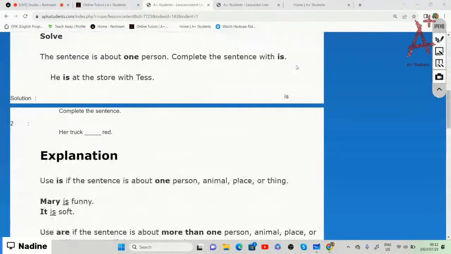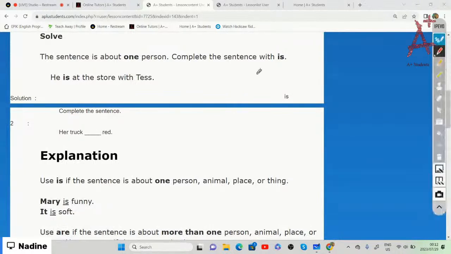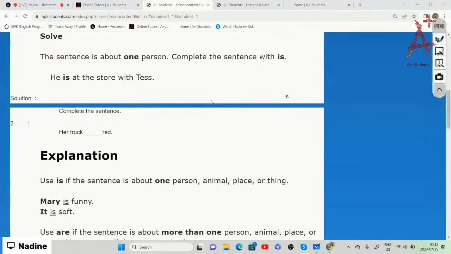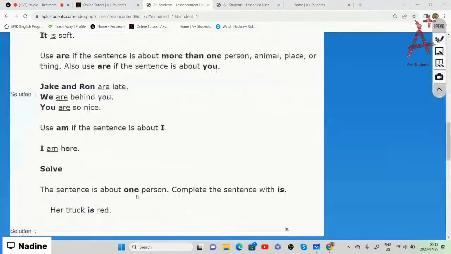Her truck is, her truck am, or her truck are. So we will then say her truck is red. Her refers to only one person that we are talking about, which means that her truck is red. Yes, so the sentence refers to one person, so the truck is.